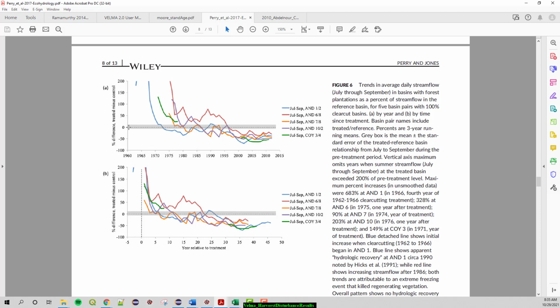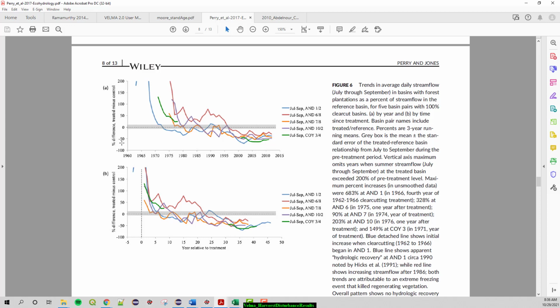And so if you had an old growth stand and another stand, and there was no impact on flow due to the stand age, then you should see the data fluctuate around the zero. So this is a % difference, treated minus control.